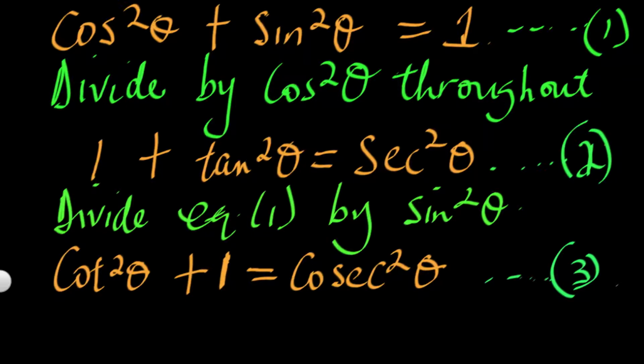With these identities, we can do a lot of things. And in trigonometry, sometimes we are required to prove identities, and we're going to rely on these nuggets that we have now.